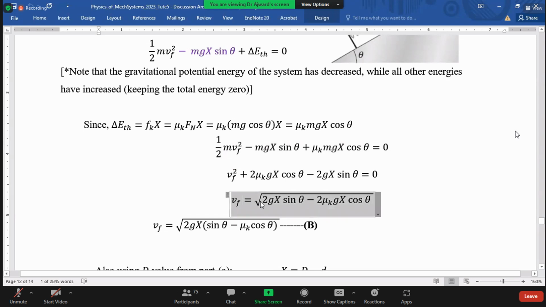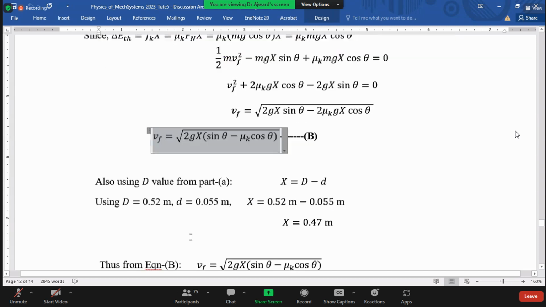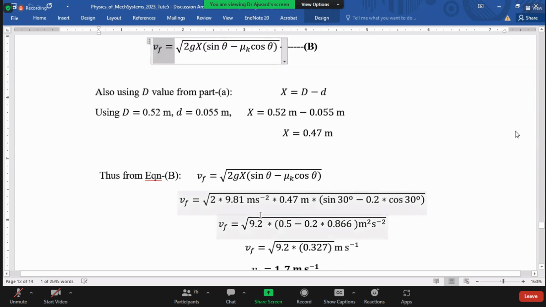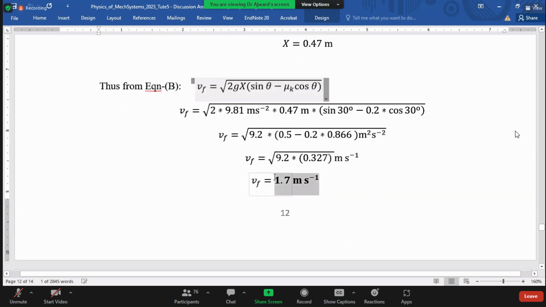And the X value, you can put what it is, theta known. For other values you know, G you can put 9.82 or 9.81. In this tutorials we use 9.81 meters per square second, and you can find what is the speed.